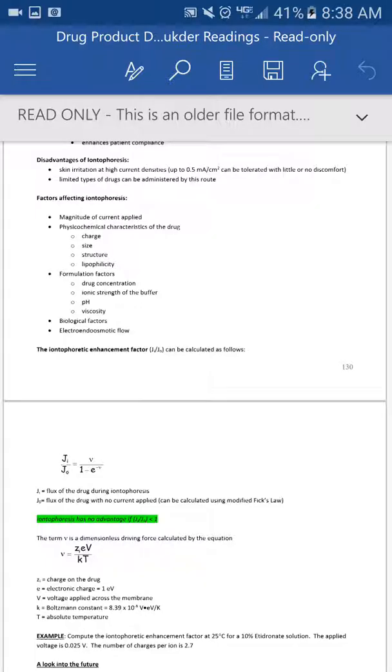You must stay at or below that. Limited types of drugs can be administered by this route. Factors: magnitude of the current applied, physical and chemical characteristics of the drugs, charge, size, structure, lipophilicity, formulation factors, drug concentration, ionic strength of the buffer, pH, viscosity, biological factors, and electrode.